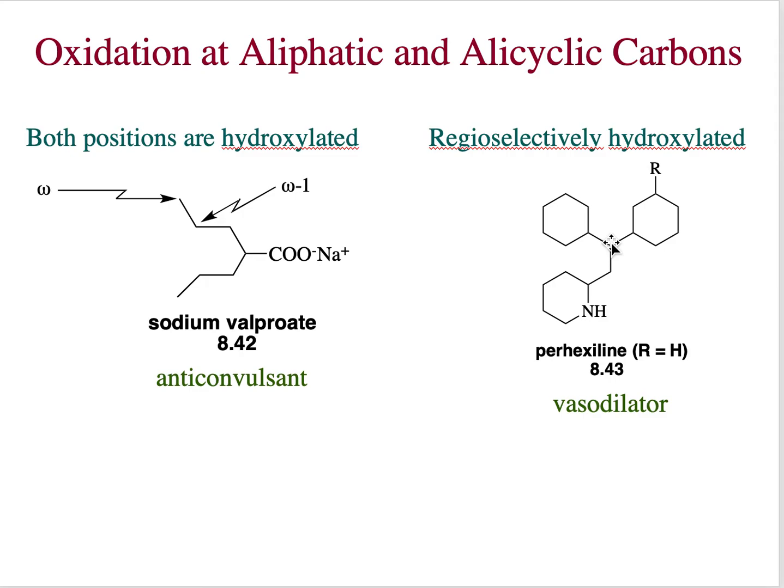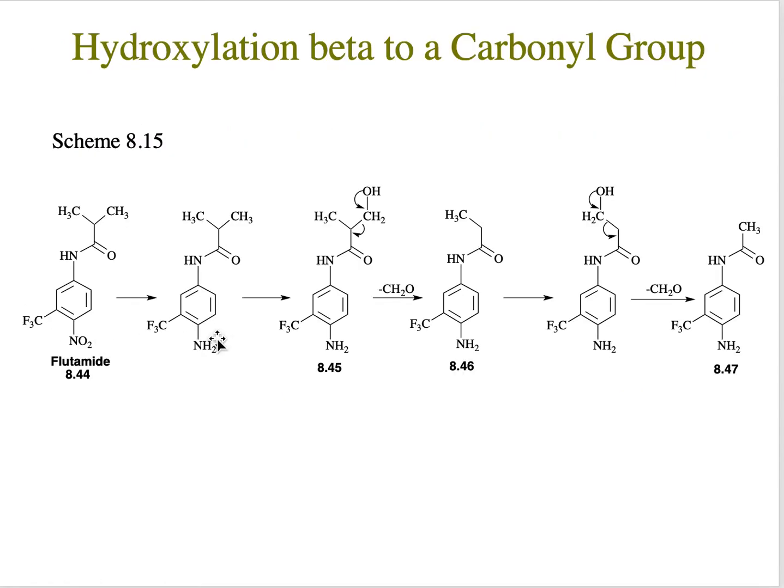This is a very structured molecule because it has all these cyclohexyl type groups, and so it's frequently not obvious to us as chemists where it's going to be oxidized, but it can be oxidized in a number of places. It's a pretty impressive enzyme.